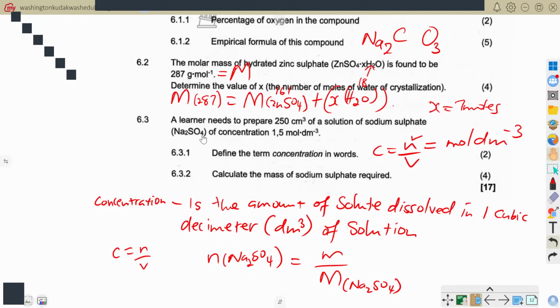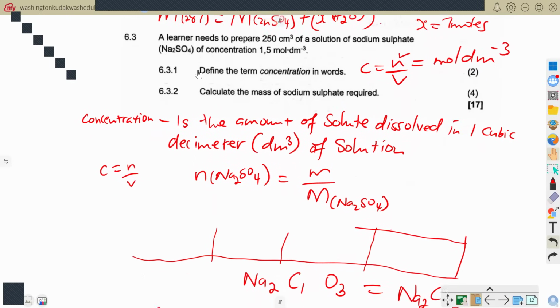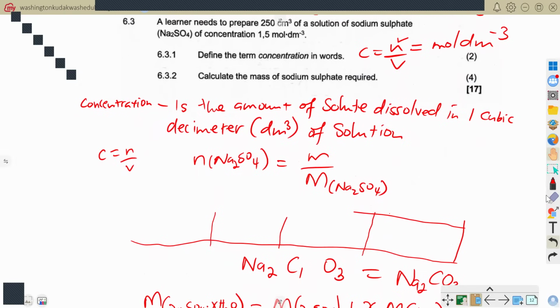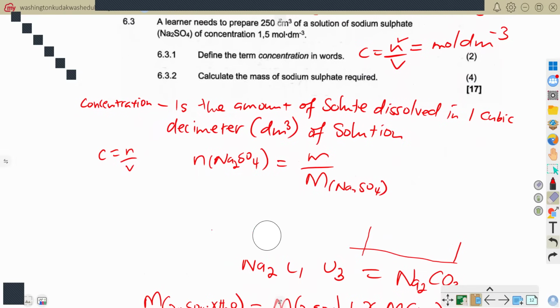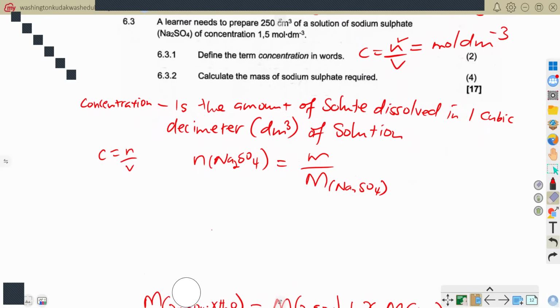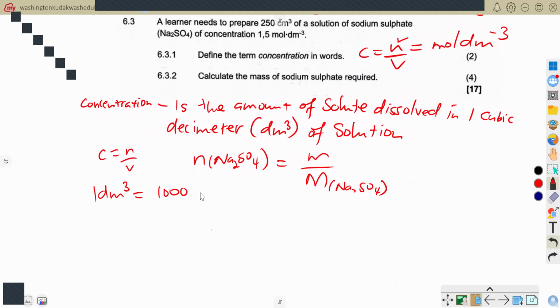You are given your volume as 250 cubic centimeters. We need to convert that volume to decimeter cubed. 1 decimeter cubed is equal to 1000 cubic centimeters, and we are given 250 cubic centimeters.